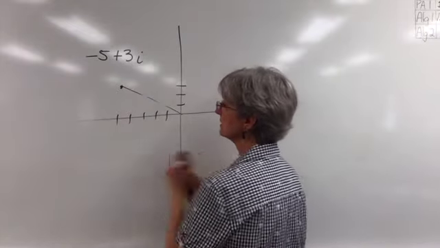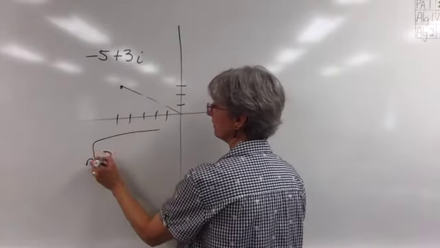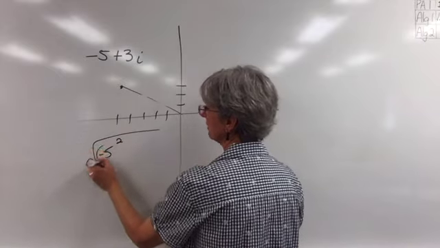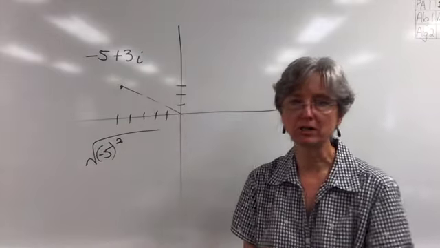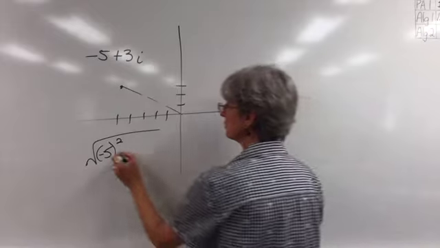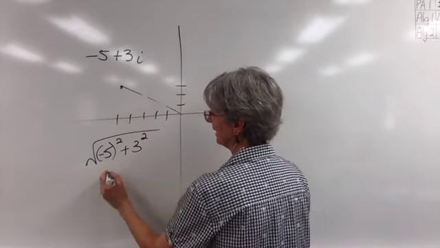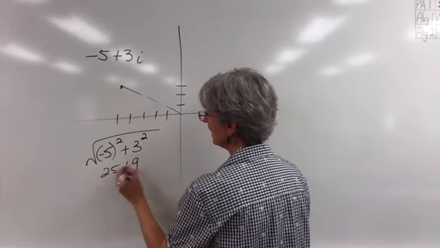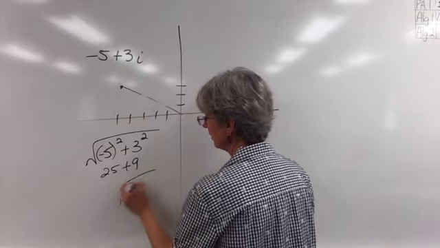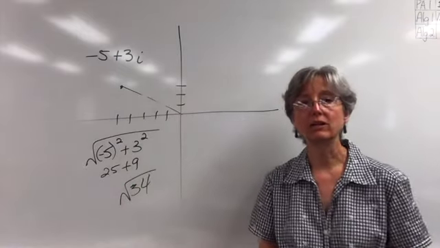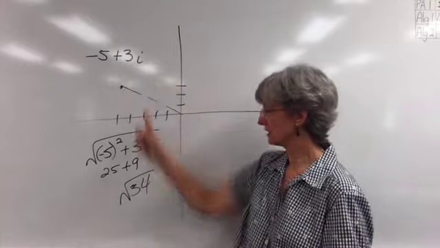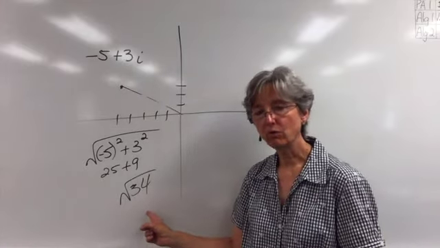What's this distance? So I'm going to take the square root of 5 squared. Actually, it's negative 5 squared, but it's still going to be positive, so it doesn't matter. 5 squared plus 3 squared. And this is 25 plus 9, or the square root of 34. The absolute value of this number is the square root of 34.